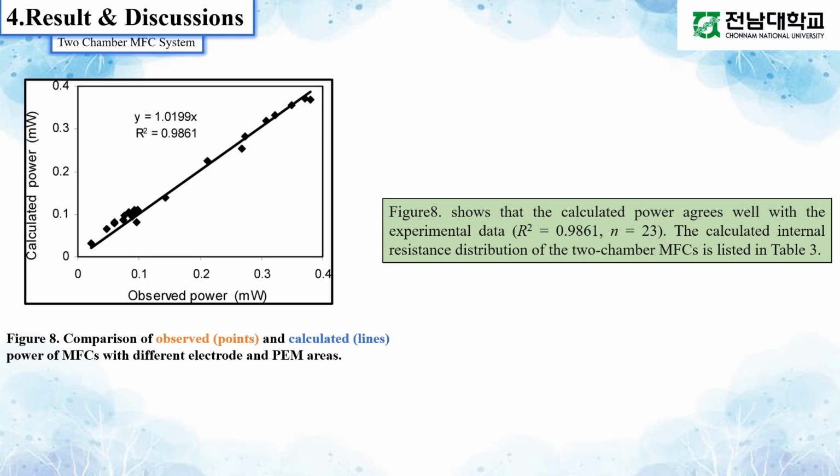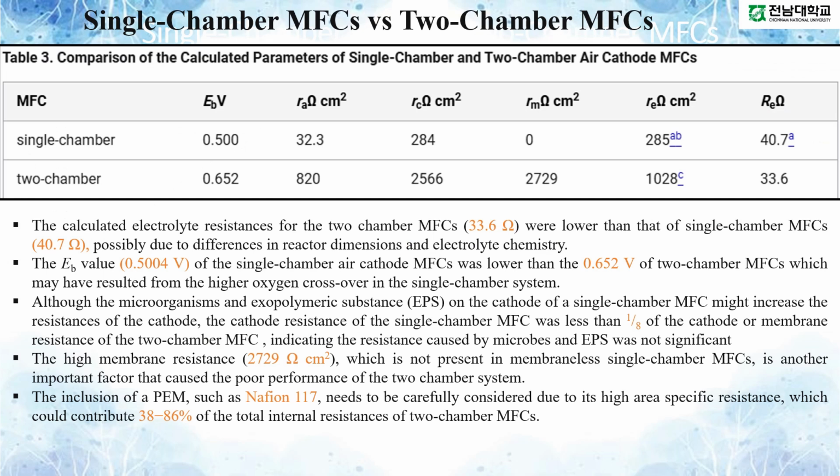The calculated internal resistance distribution of the two-chamber microbial fuel cells is listed in Table 3. In Table 3, we can see the comparison of the calculated parameters of single-chamber and two-chamber microbial fuel cells. The calculated electrolyte resistance for the two-chamber microbial fuel cells is 33.6 ohm, which is lower than that of single-chamber microbial fuel cells, 40.7 ohm, possibly due to differences in reactor dimensions and electrolyte chemistry.